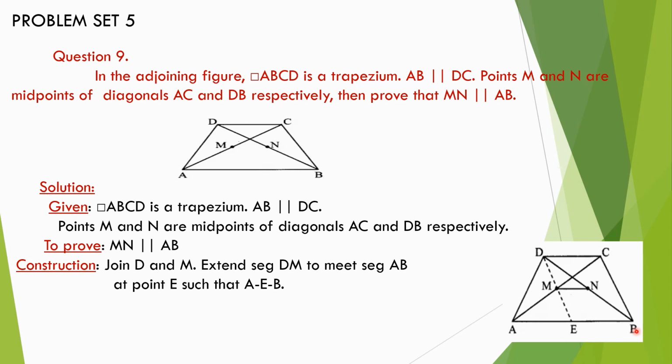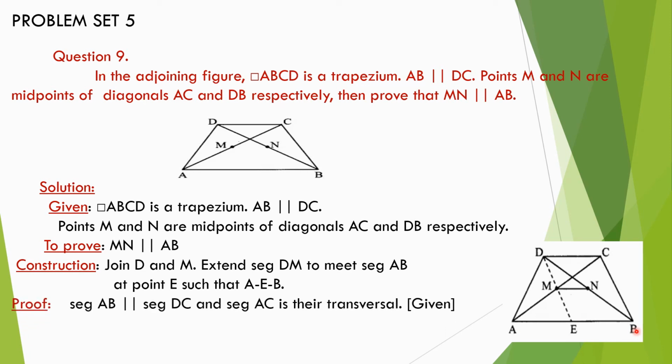Proof. Here segment AB parallel to segment DC and segment AC is the transversal. Then what about the angles CAB and ACD? CAB and ACD are alternate angles.